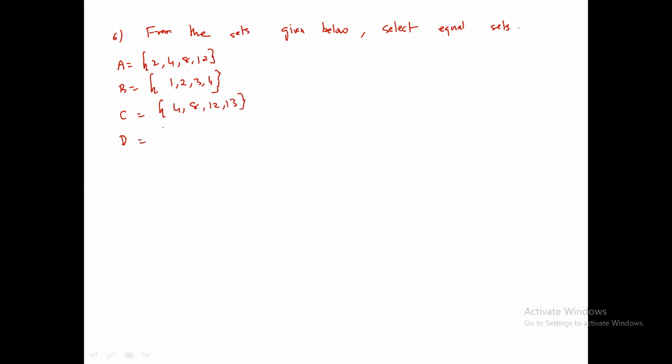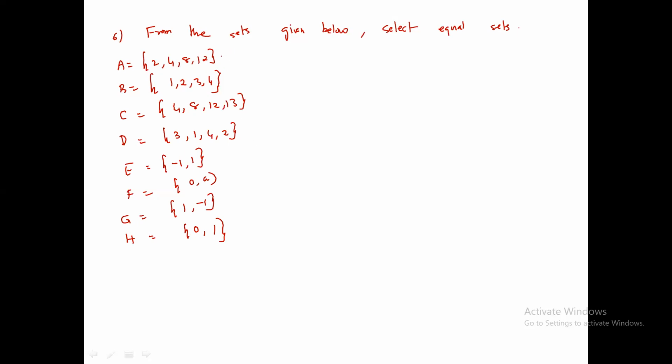D is the set having 3, 1, 4, 2. E is the set having -1, 1. F is the set having 0, A. G is the set having 1, -1. And H is the set having 0, 1. So which two sets or which sets can be called as equal?